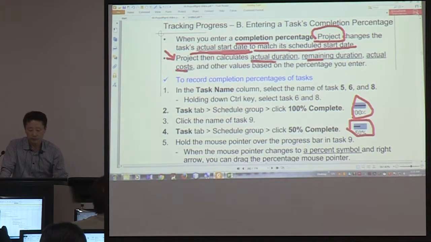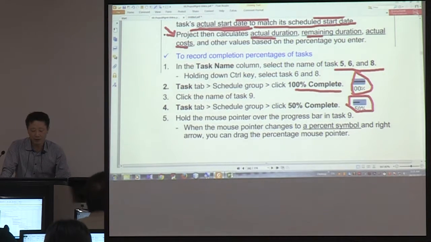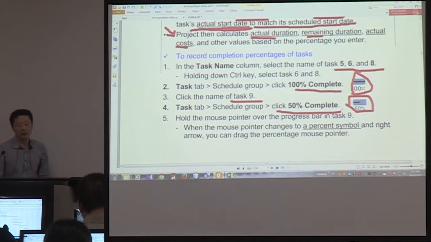Okay. So let's do some entering here. You select tasks 5, 6, 8, and you click 50%. You select task 9, you select 50%.